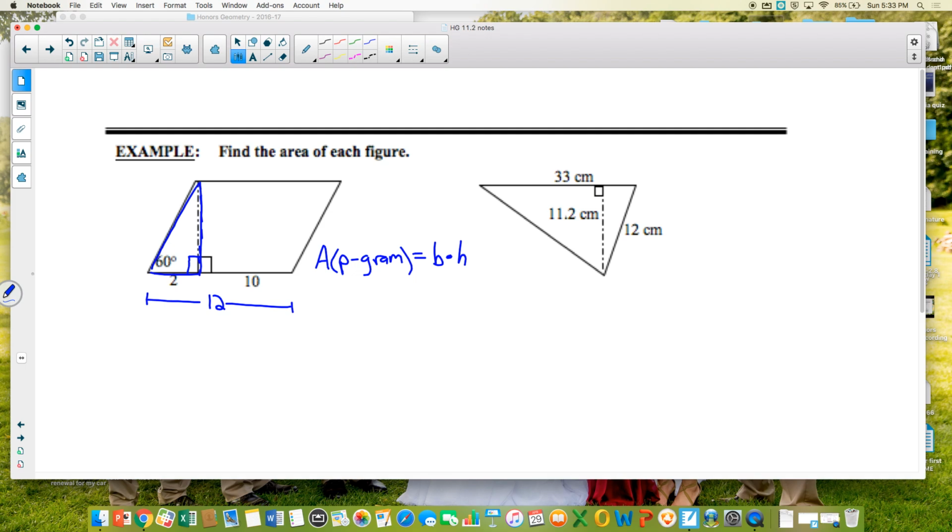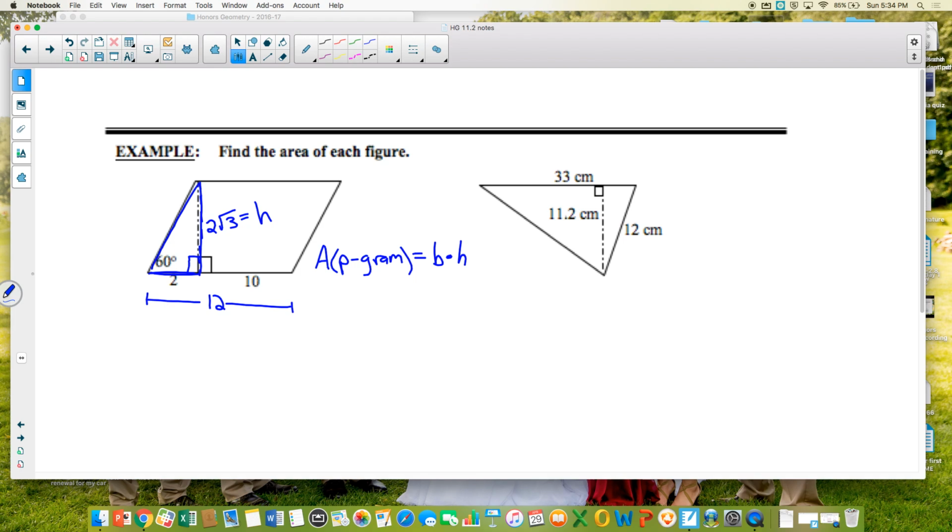And if you think back to earlier this semester, in a 30-60-90 triangle, the short leg, which is 2, is related to the long leg. To get the long leg from the short leg, remember it's short leg times the square root of 3. So this is 2 square root 3, which is also our height, because it is the perpendicular distance from the base to the other side.